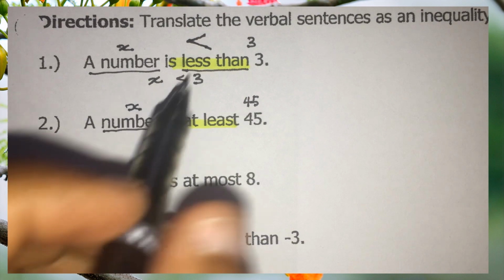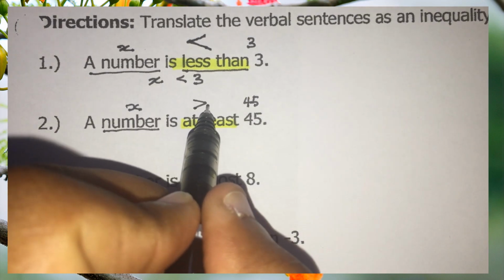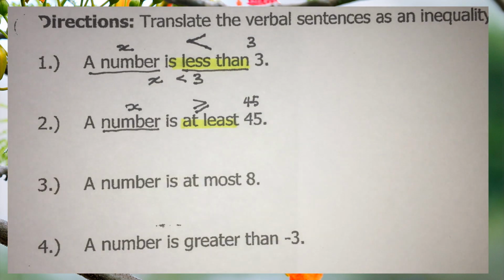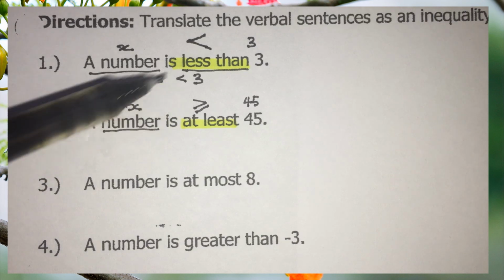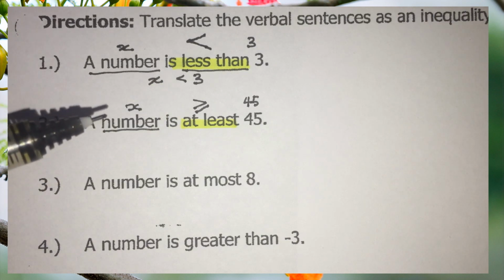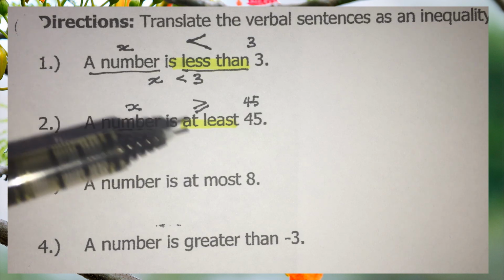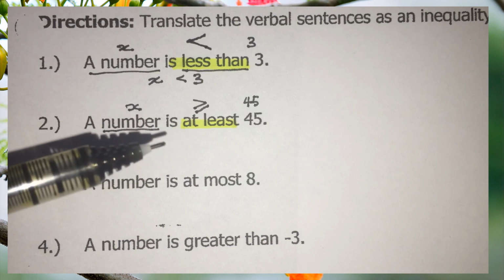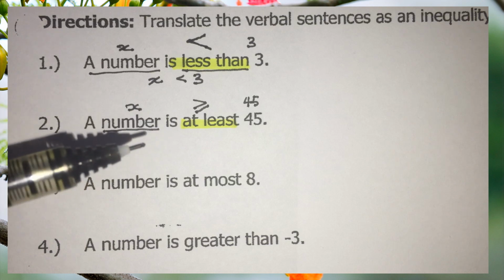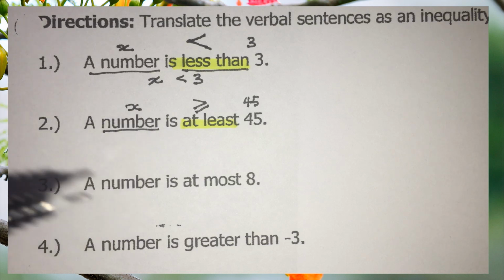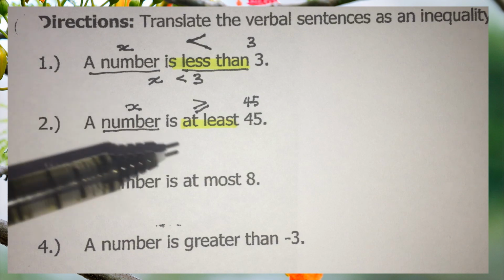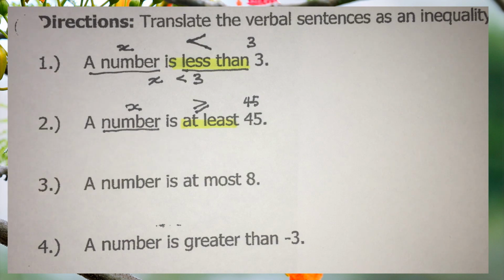So x is going to be greater than or equal to 45. Notice that the symbol is open towards the x, which is the greater number. And remember, we said that the smallest it can go is 45. It can't go below 45. It has to be 45 and above. This is what "at least" means.